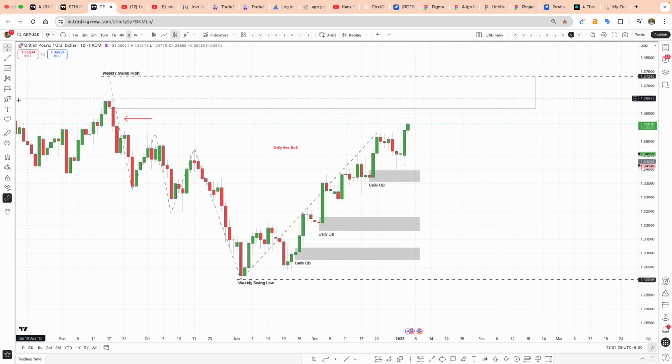So either they can come into the order blocks before reacting, or it can come deeper into these order blocks before they react from here. That is very much what we can continue to look at in the upcoming days, right? And since it's been a busy week, we can expect some movement for sure.